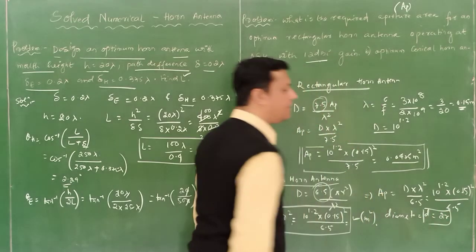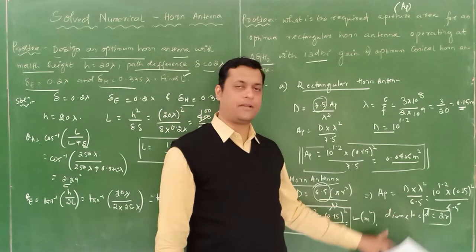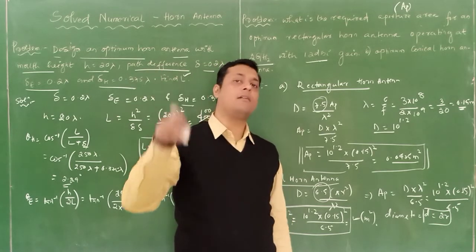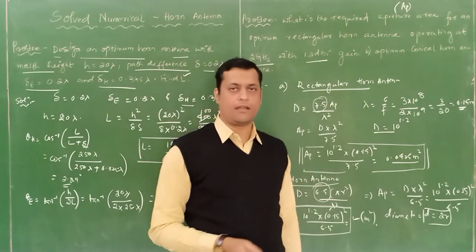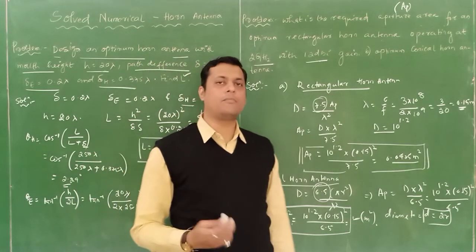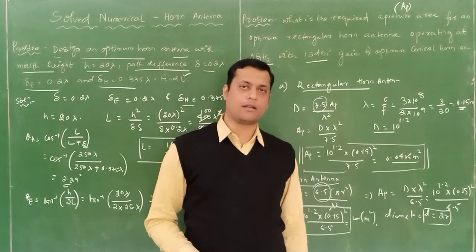So like this you can expect the questions. So in order to determine the aperture area, they may ask what is the diameter of that conical horn antenna. So first you have to determine the aperture area, you have to equate with pi r square, you have to determine r, multiply 2 to it, you will get your diameter of conical horn antenna.